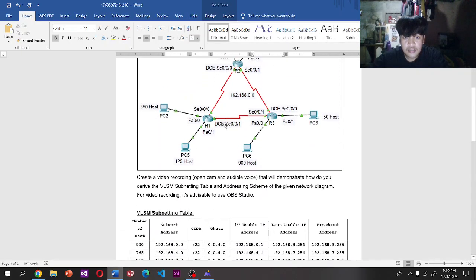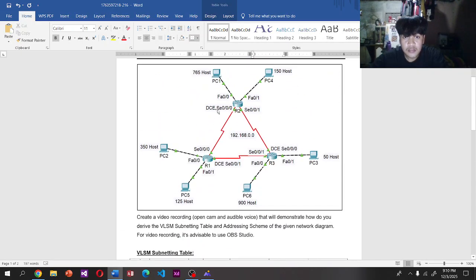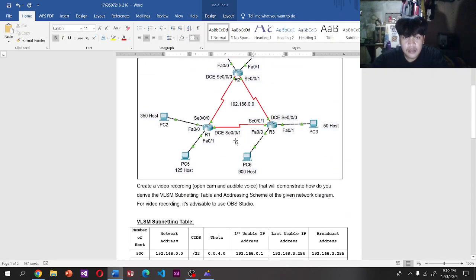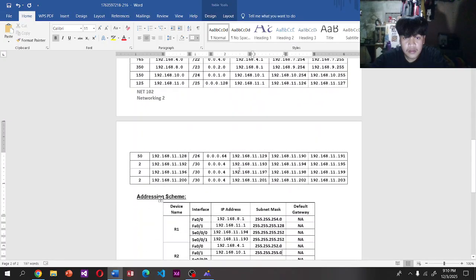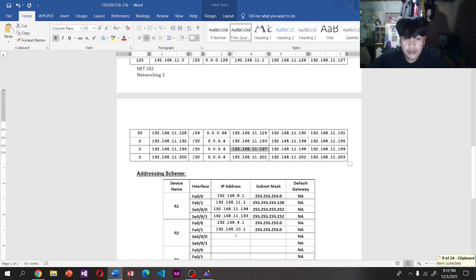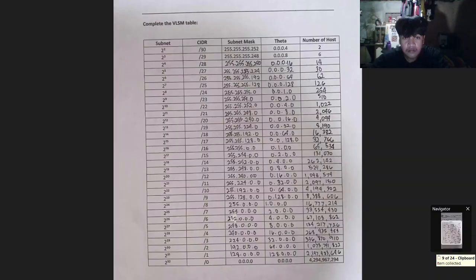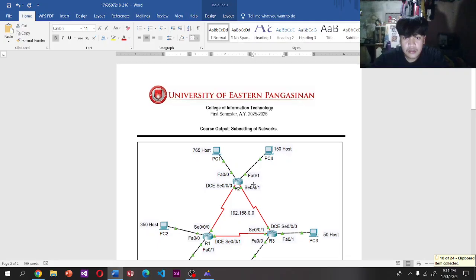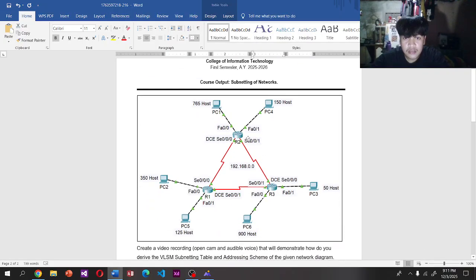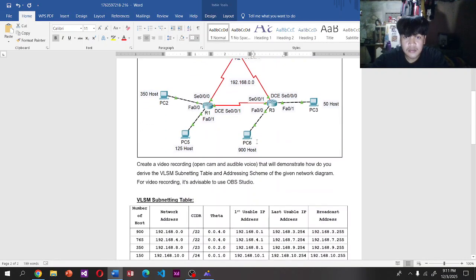Since there's DCE, we take the first usable IP address, and where there's no DCE, we take the last usable IP address.